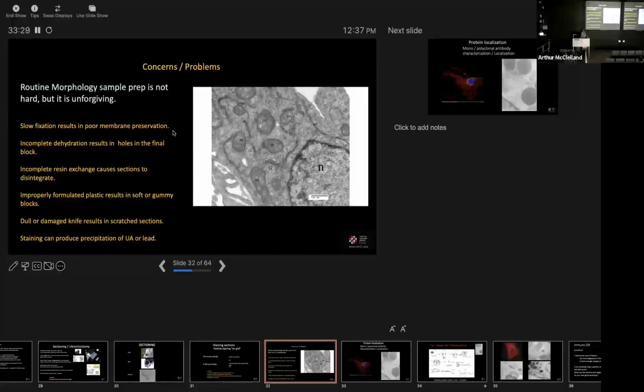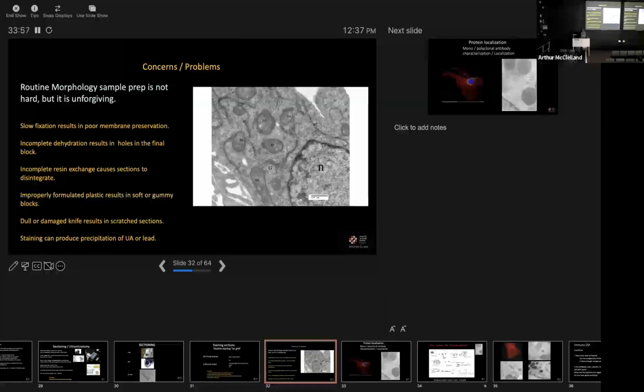If we have a slow fixation, we're not paying attention to our quick fixation, then we're going to have poor membrane preservation. Incomplete dehydration is going to result in holes in the final block, which is going to make it impossible to section. Incomplete resin exchanges is going to cause the plastic to not polymerize hard enough, and so when you cut it, it's going to disintegrate.